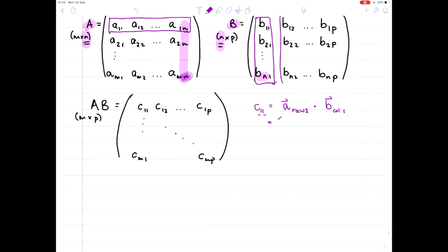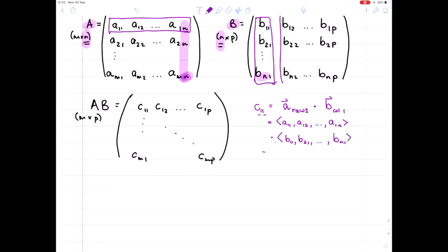So as vectors, I'm going to write this as A11, A12, all the way through to A1n. And I'm going to dot that with my B vector, which is now a column vector: B11, B21, keep going all the way through to Bn1.